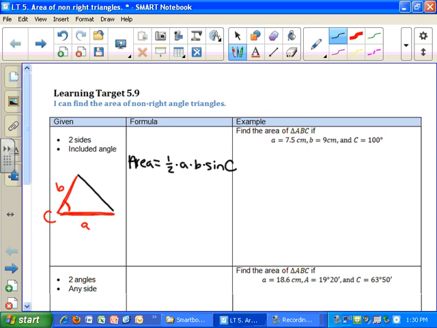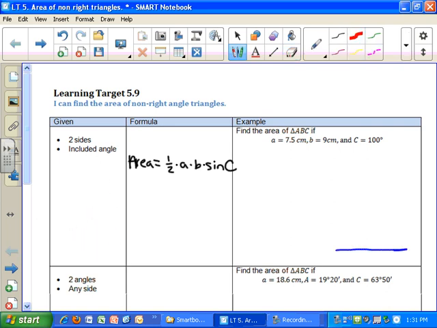So, for example, if we know a triangle has side A about 7.5 centimeters, so we can label that as 7.5 centimeters, side B is 9 centimeters, and this angle would be 100. I should probably draw a different diagram that matches that.